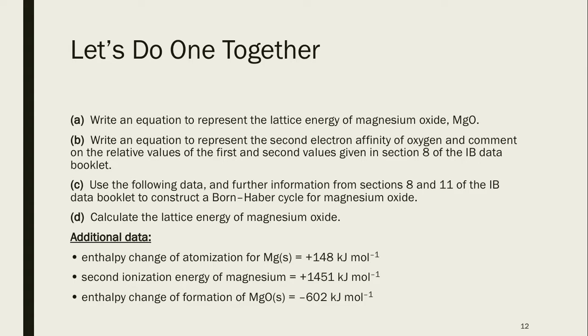The first thing that we're going to do is write an equation to represent the lattice energy of magnesium oxide. Do you remember what lattice energy means? It is when you take the solid ionic compound and break it up into its gaseous ions.